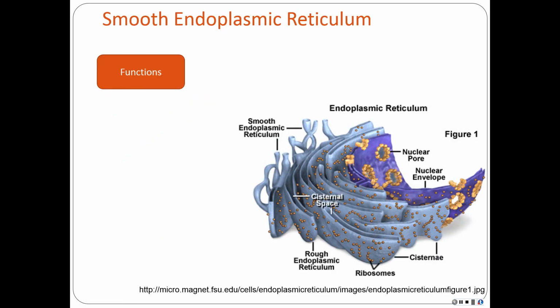Okay, another important organelle in eukaryotic cells is the smooth endoplasmic reticulum. It gets its name because, in contrast to the rough endoplasmic reticulum, under a microscope it looks smooth. In this image, on the lower right hand side, you can see the smooth endoplasmic reticulum in the back end.